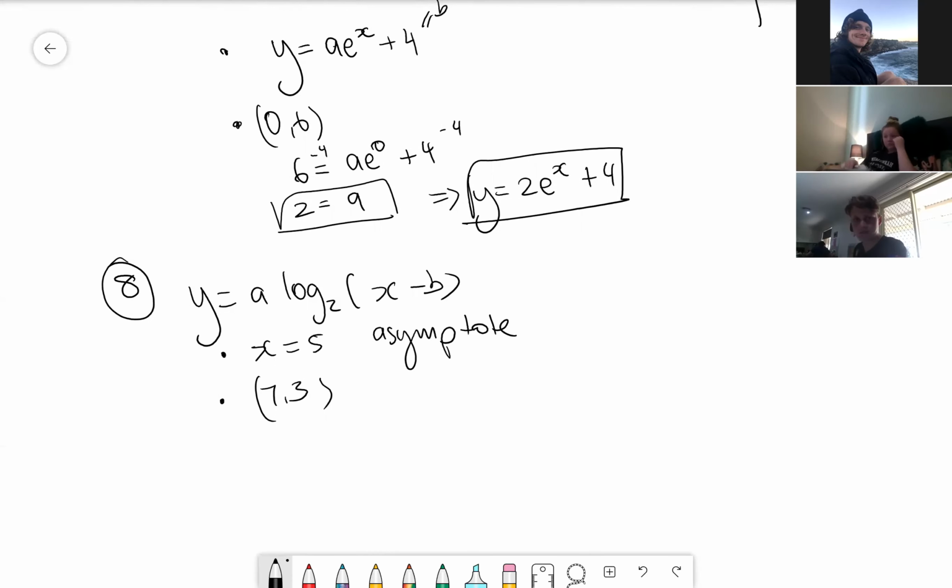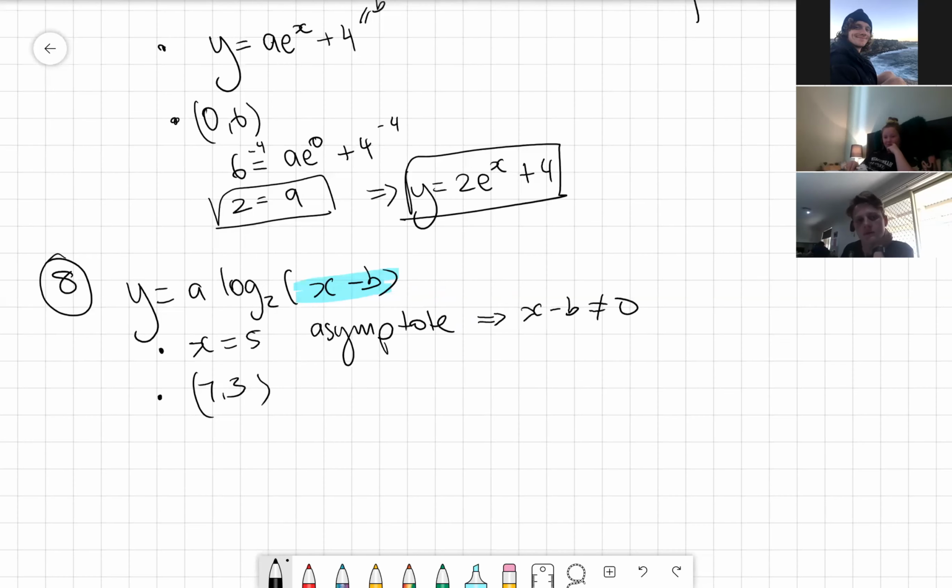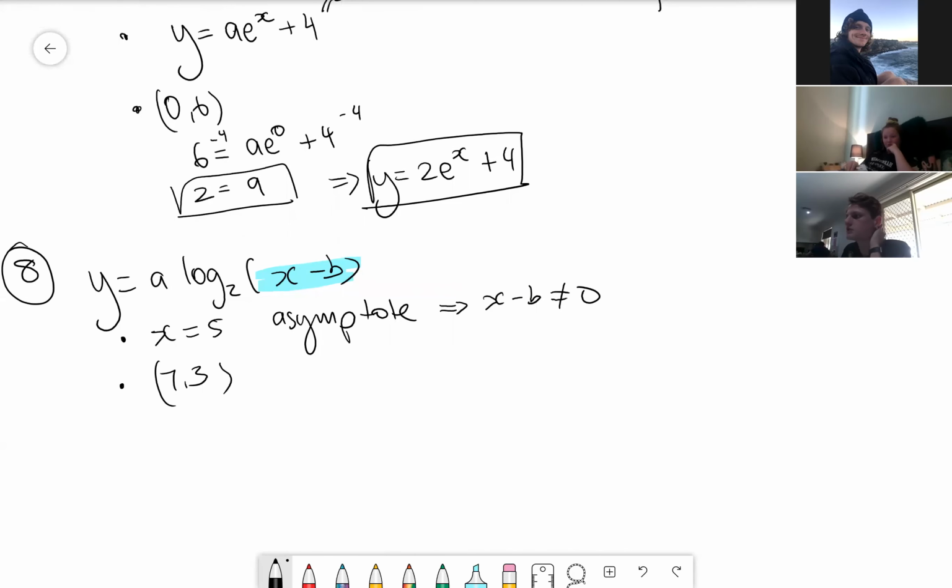With the log graph, what do we know that x minus b can't equal? Yep, so x minus b cannot equal 0. But what do we also know about the asymptote here? Moved to the right 5. Yeah, so what do we know that x cannot equal? X can't equal 5. Perfect.